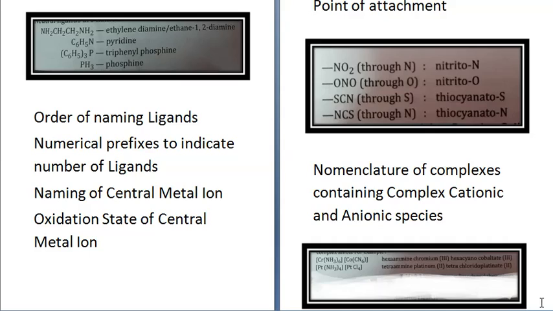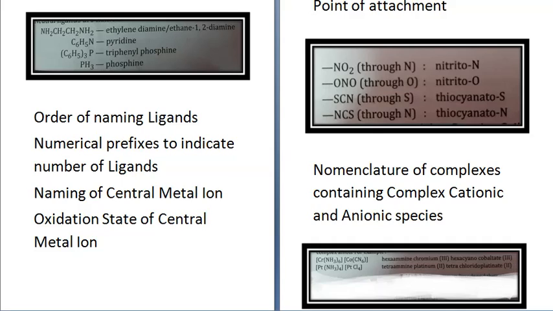Similarly here, [Pt(NH3)4][PtCl4] becomes tetraammineplatinum within brackets 2, tetrachloridoplatinate within brackets 2. Okay, so this is how the nomenclature is done.